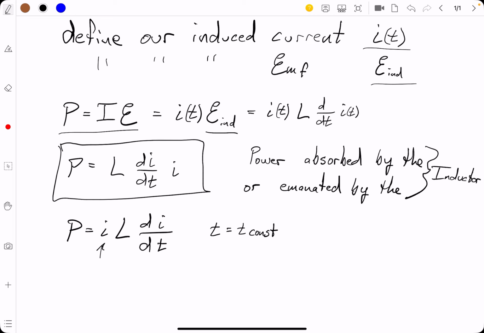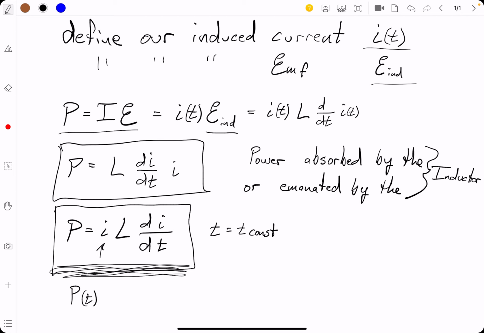So the power will be a function of time as well. I think this is a better way to write it, just to keep the two i's separate. One you're taking the derivative of, one you're multiplying just what it is at that moment. And I think that's it. So let's kill this for now, and we'll see you tomorrow.